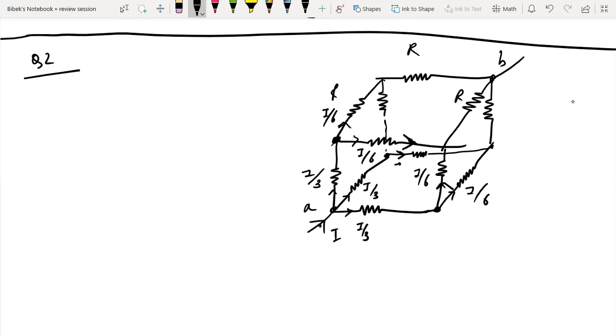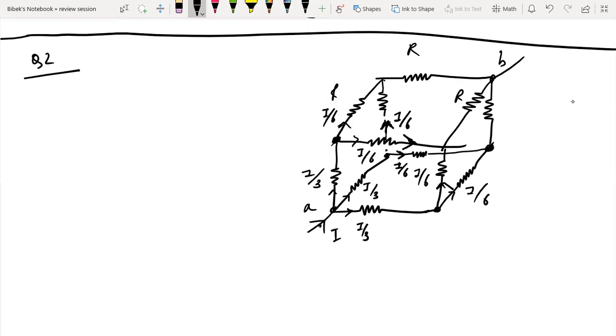So here, if you look here, it will be I over 6, and going in this direction will also be I over 6, okay? Now you have these currents going in this direction and this direction.